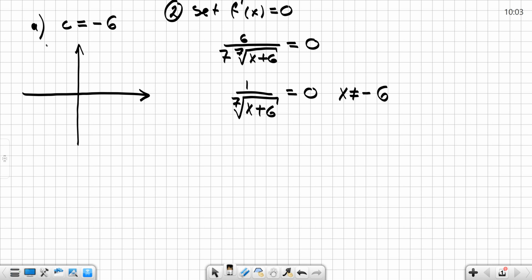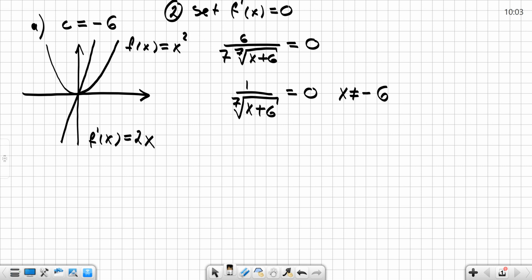I am always starting with a very simple graph, the graph of my quadratic function f of x equals x squared. The derivative of this function is just as easy to sketch: f prime of x equals 2x. The reason why I'm sketching both of these graphs in the same coordinate system is because now I can visually see what is happening.